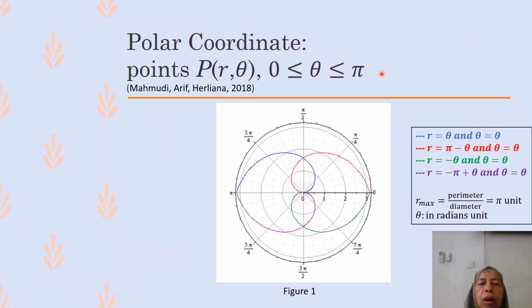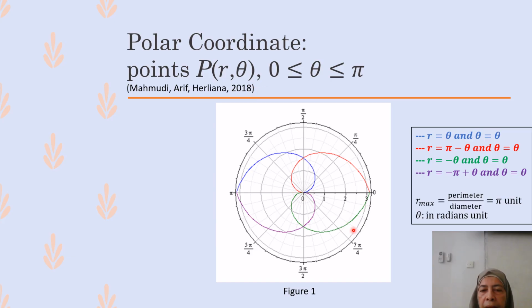We will use polar coordinates to draw these ornaments. A polar coordinate is represented by a point with only two parameters, which are r as a radius and the angle theta.